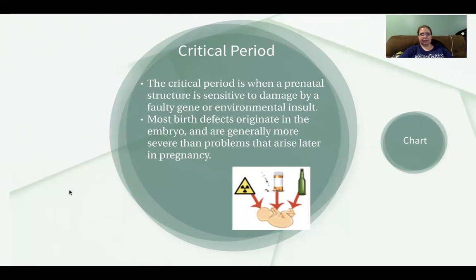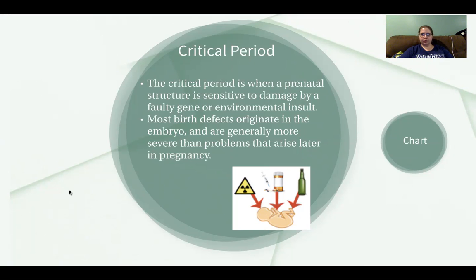Now you notice that on this slide, I didn't tell you specifically what kind of time period we're looking at. And that's just because there are so many variables. The exact faulty gene, different faulty genes can have a critical period at different times.